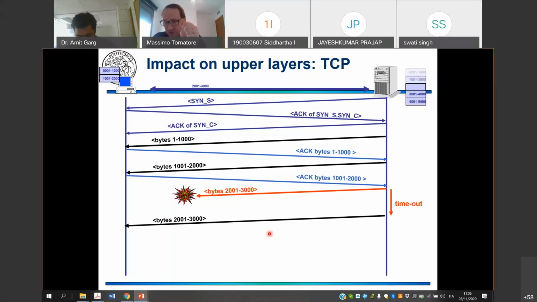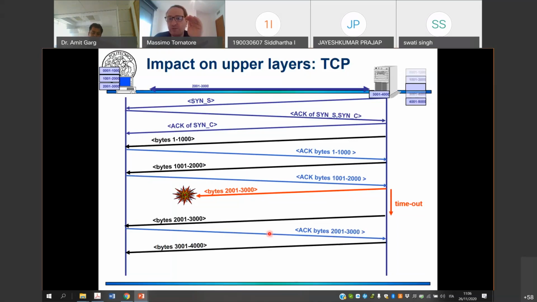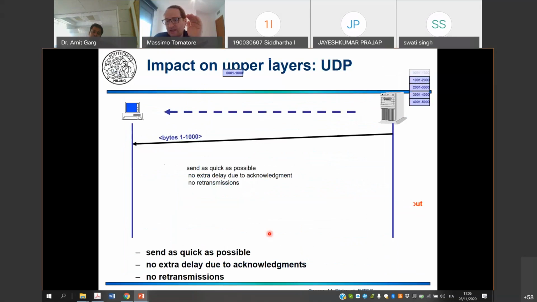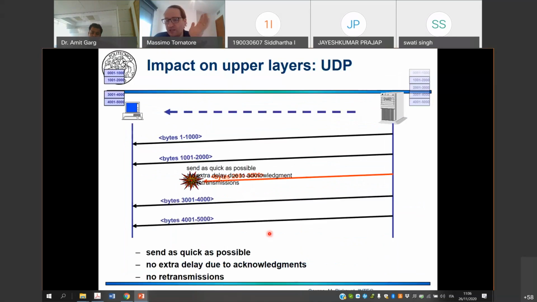So first observation, there is a certain protection, a certain survivability at the TCP level. Obviously, if you're using UDP, that doesn't work. You know that in UDP, there is no acknowledge check.